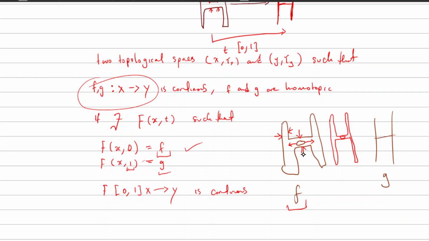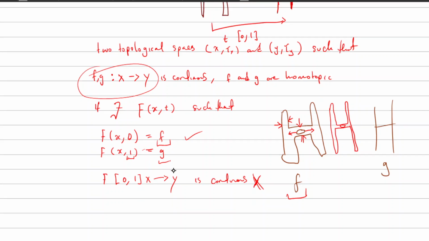If you remember the limit definition, then you know that this is a discontinuity. Since there is a discontinuity at this point, we can say that these two spaces are not homotopic.